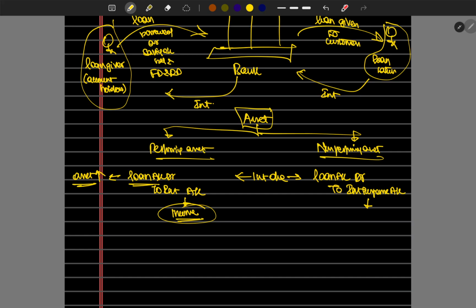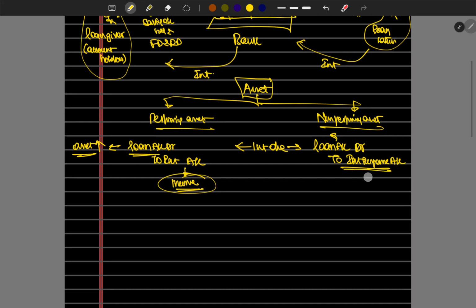So it is put into the interest suspense account. This is also income, but doubtful potential income for the bank. So we are not directly showing the interest, we are showing it in the interest suspense account.